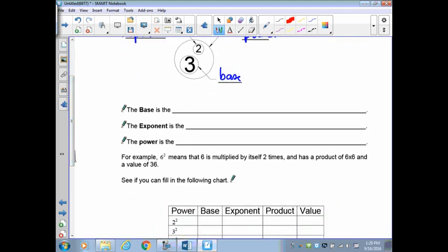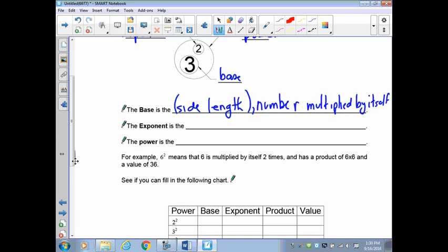So, what do these actually mean? Well, the base is the side length. We want to think about it that way in a square, but it's more than that. It's the number that you multiply by itself. In a square, it's the side length.